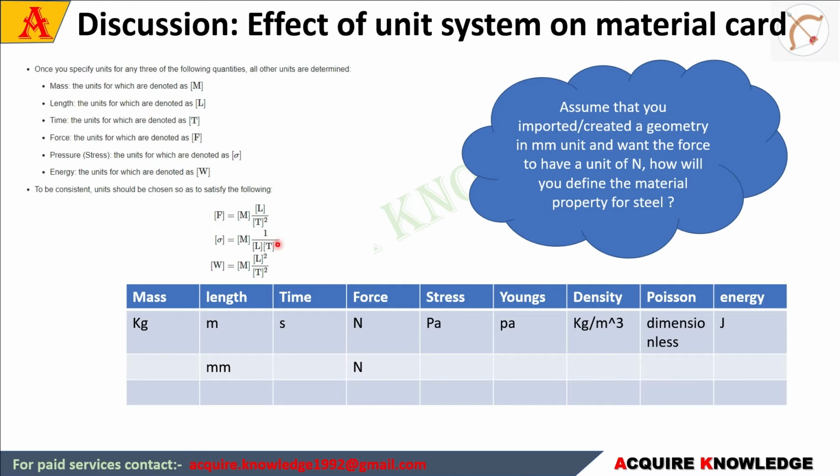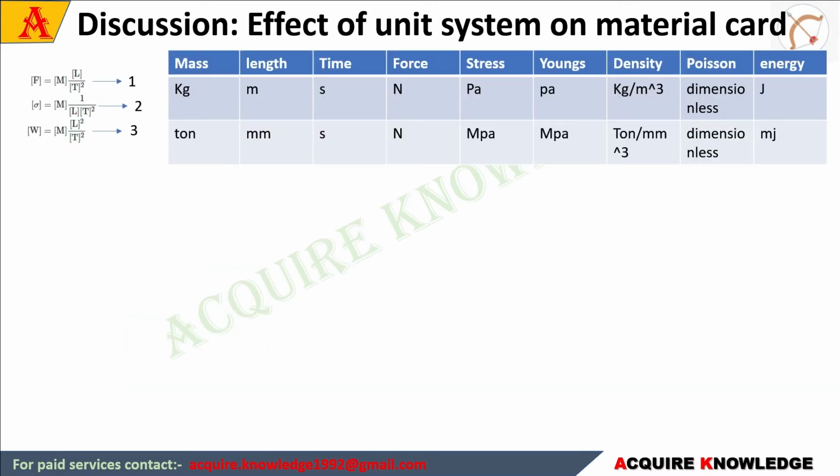Now at this point we need to fix one additional quantity, because if we know the units of three quantities, we can derive the unit system for the other quantities. Now assume that we are modeling a problem in which the loading is applied in seconds. So we can easily fix the time unit as second for this case.